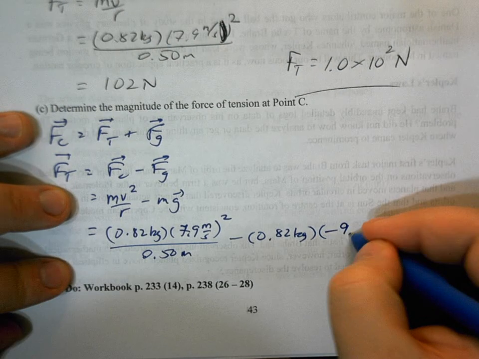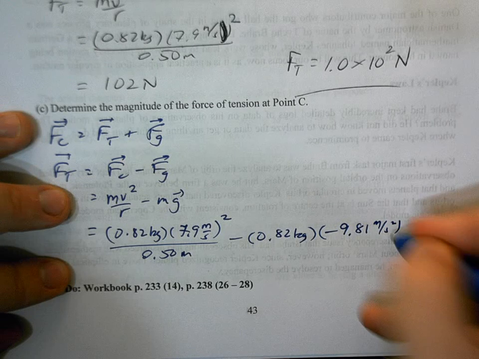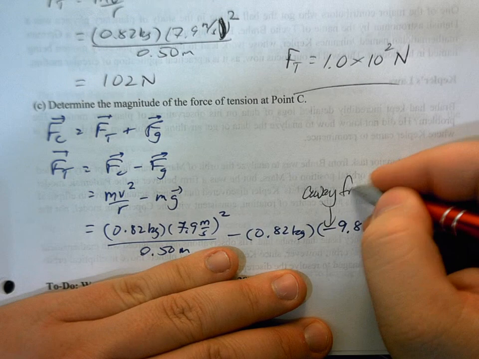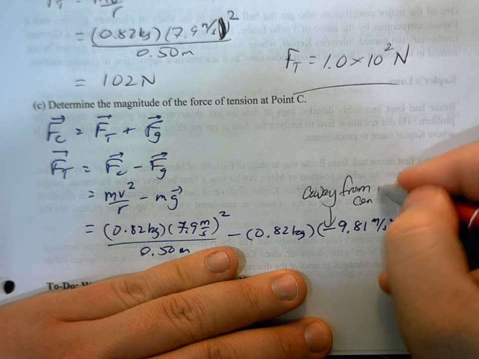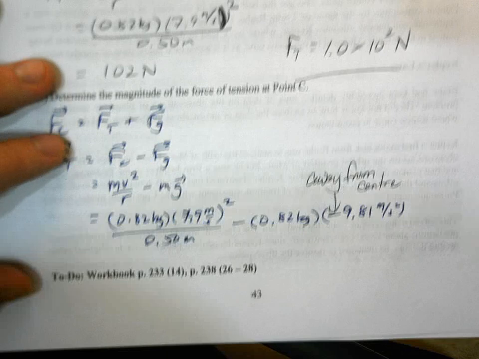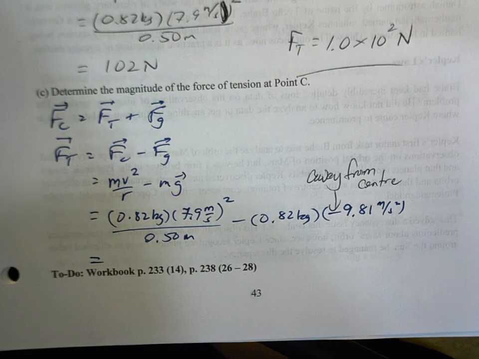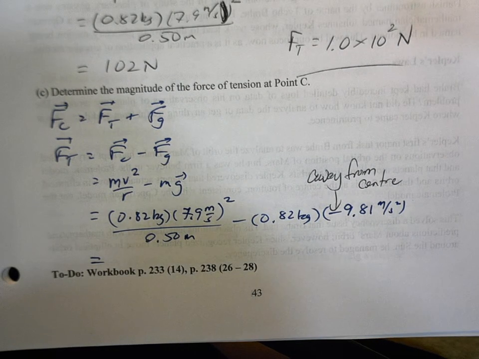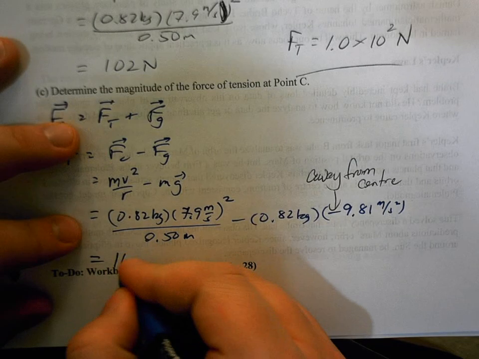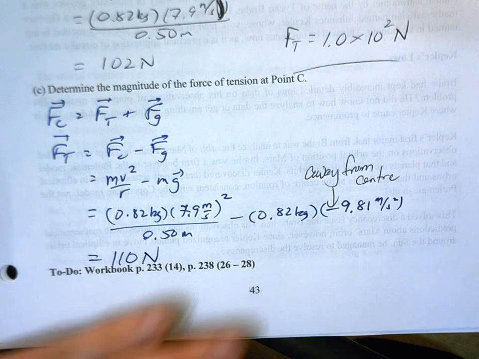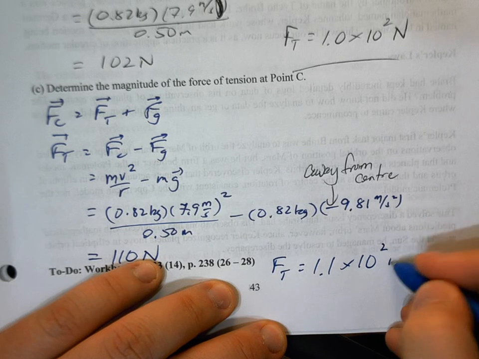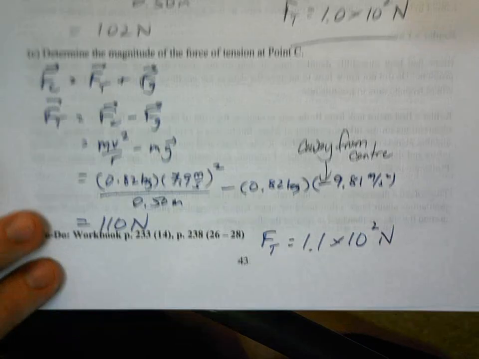So we're going to put that negative there, because again, away from the center. So we do that, we're going to get about 110 newtons, or once again, to respect sig digs, about 1.1 times 10 squared newtons.